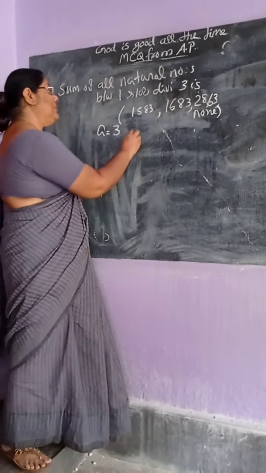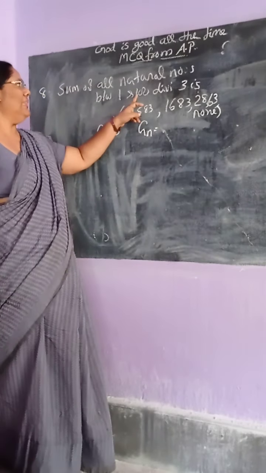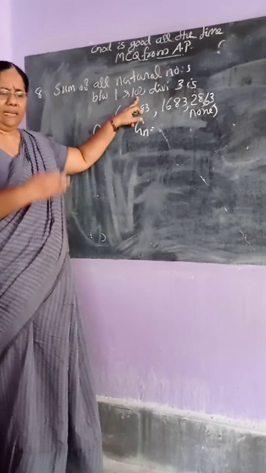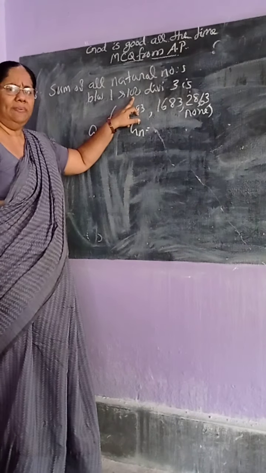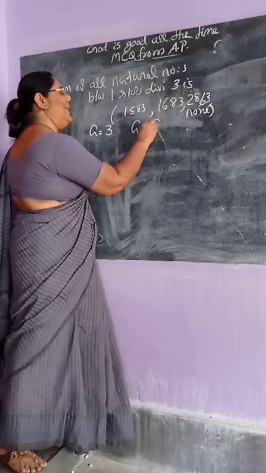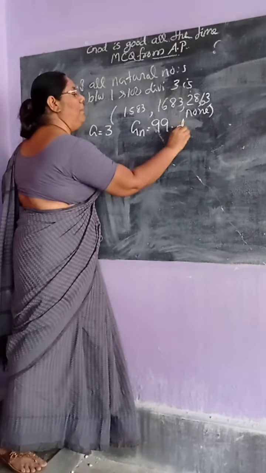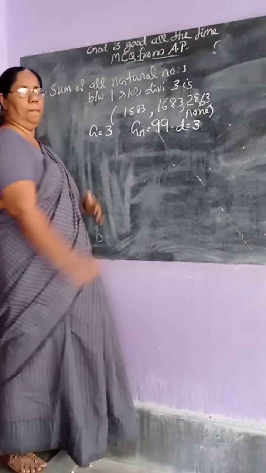Then, can you say which is the last number divisible by 3? Here the last number is below 100. Can you directly say the answer? Yes, 99 is the last number divisible by 3, and here the common difference d is 3.